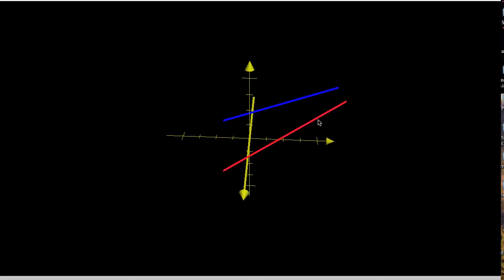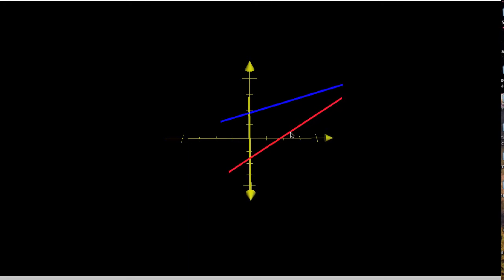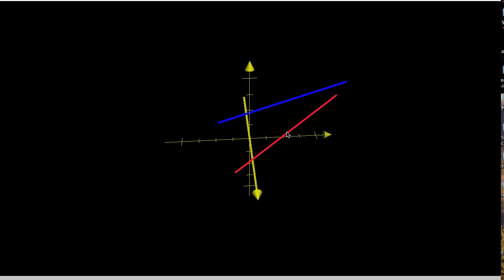Now suppose I'm at that point on the red line where that perpendicular intersects the red line, and I ask the reverse question. I want to draw the line from that point to the blue line. The shortest distance to the blue line is the perpendicular from that point to the blue line.